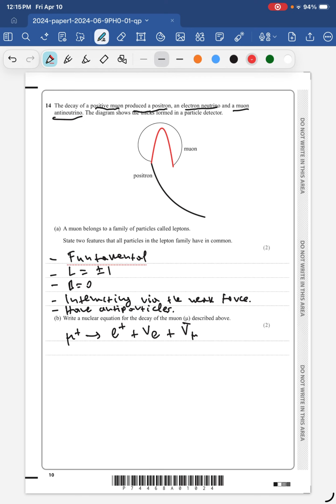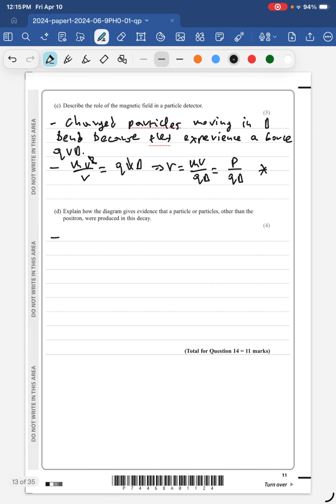Anyway, you get my point that the radius of curvature of the muon and positron are different.